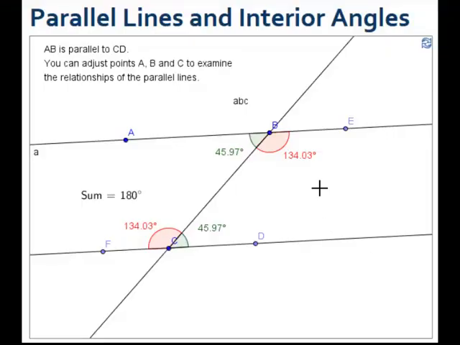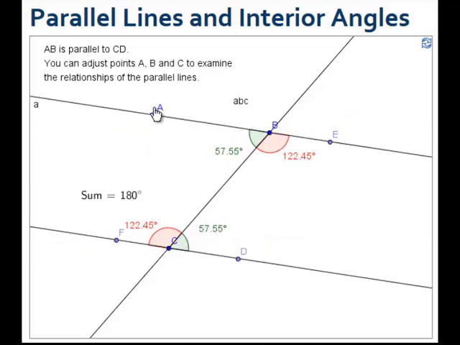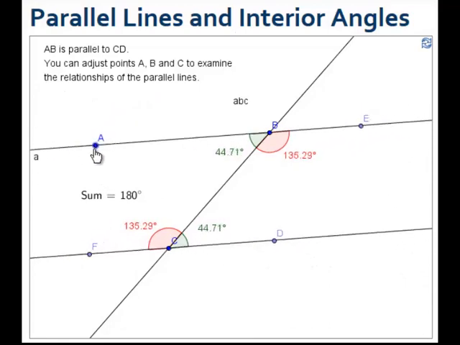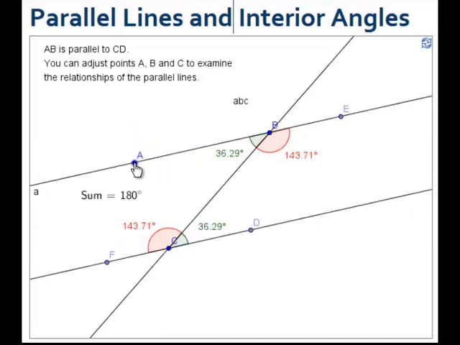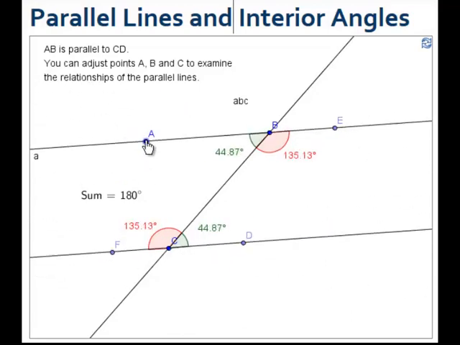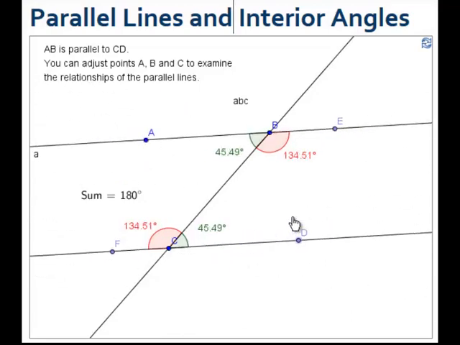Now here's a little doodad I created on GeoGebra, which is free software you can download, and you can do some really cool things. I constrained two lines, line AE and line FD, so that they have to be parallel, or AB and CD if you prefer. No matter when I move one of the points, the other line adjusts so it stays parallel.